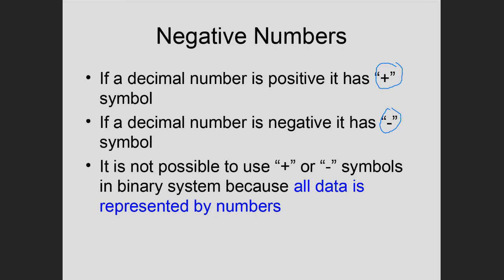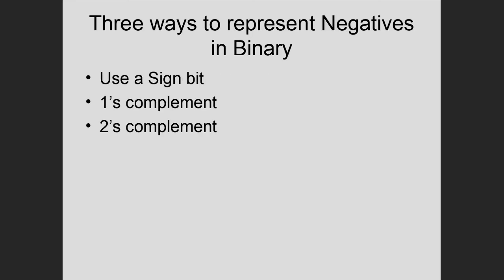So I'm going to show you 2 different ways. Actually, there's 3 different ways to represent negative numbers in a digital system. And here they are. We can use something called a sign bit. You can use something called the ones complement, and you can use something called the twos complement.